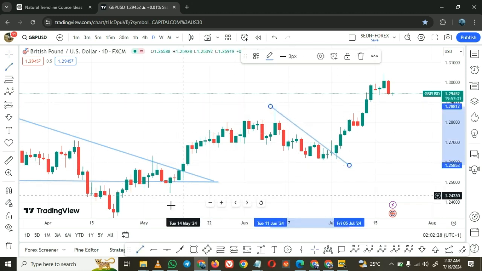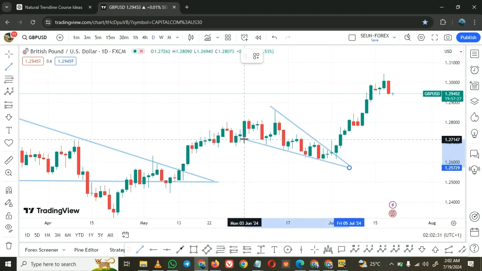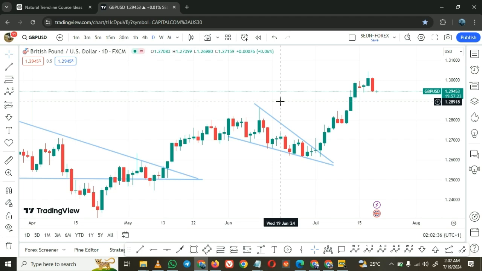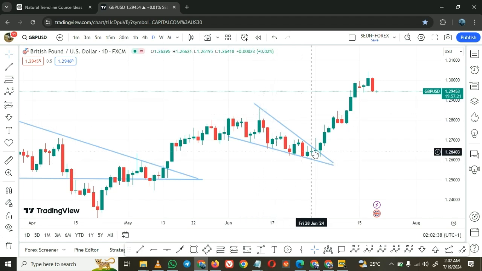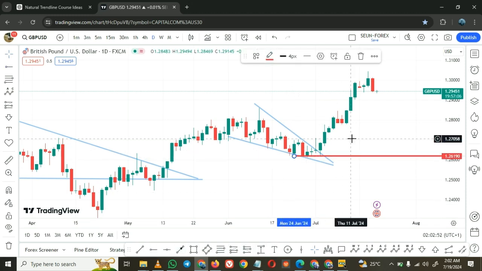This is falling wedge. Voila. So falling wedge, market was moving downtrend, but it broke out here at major key level of 1.2600, and market was buying again. So this is falling wedge.